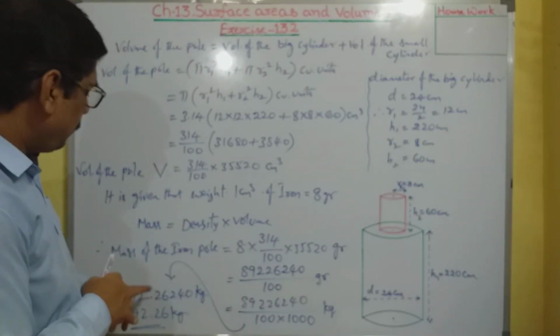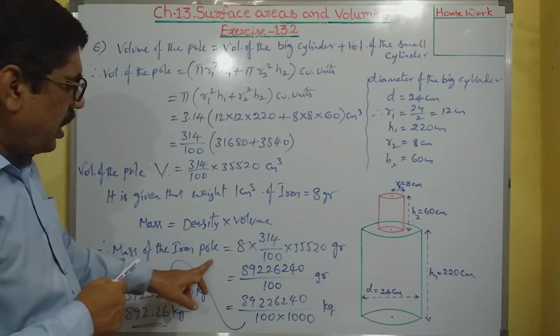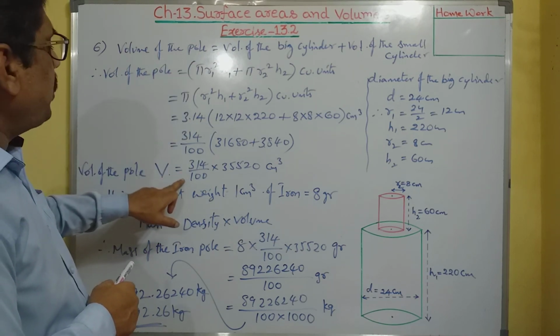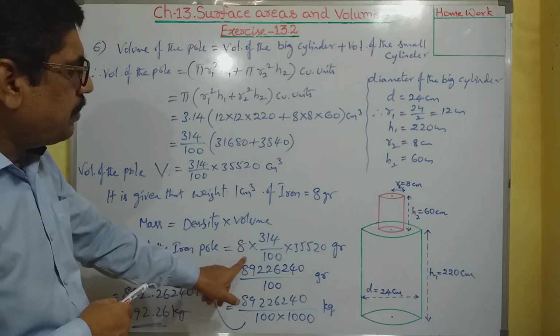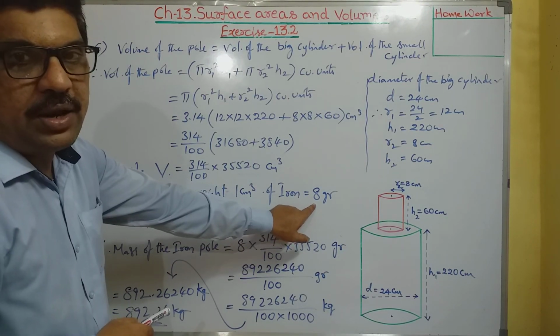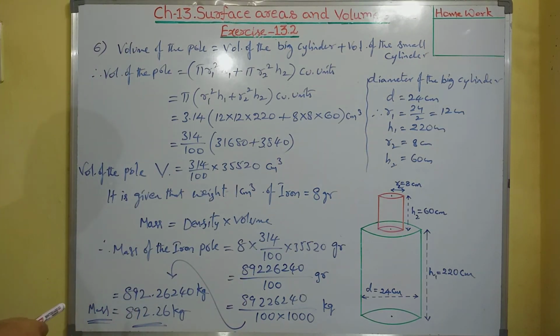First we found the volume of the pole by using these two formulae, then we multiplied with the density of iron, which was given as 8 grams. By simplification we got 892.26 kgs. Please copy the problem.